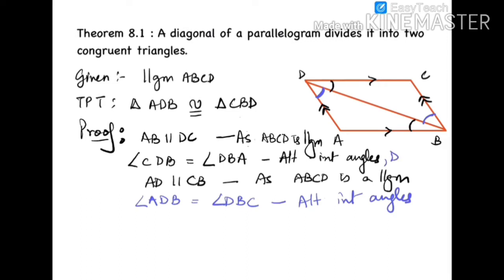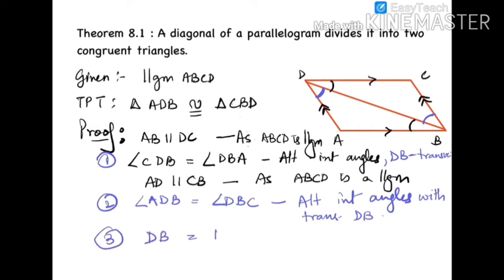In both cases, the transversal is DB. Let's mark this step as 1, this as 2, and we can say that DB is a common side in both the triangles. So from 1, 2 and 3 we can say that triangle ADB is congruent to triangle CBD.